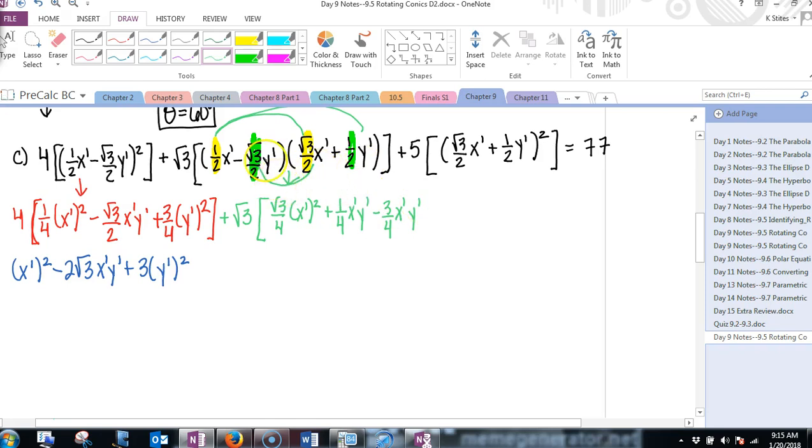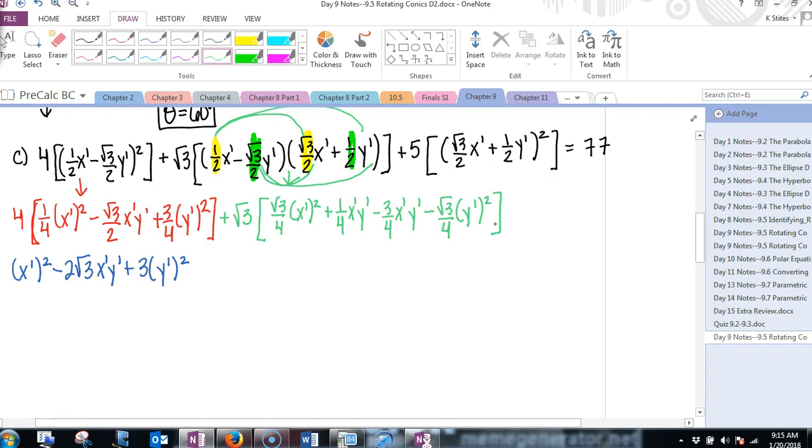And then you have root 3 over 2 y prime times 1/2 y prime, which is root 3 over 4. And it is a minus. Root 3 over 4 y prime squared.